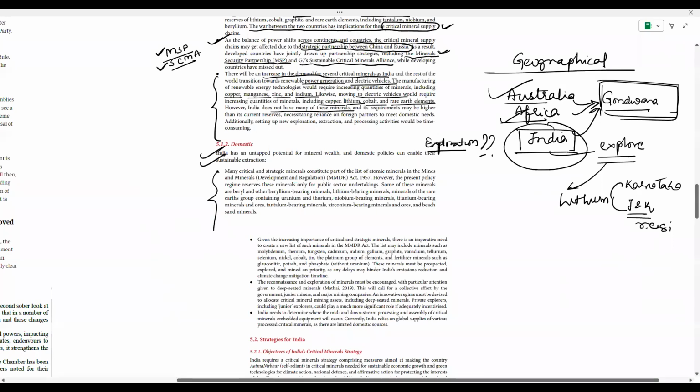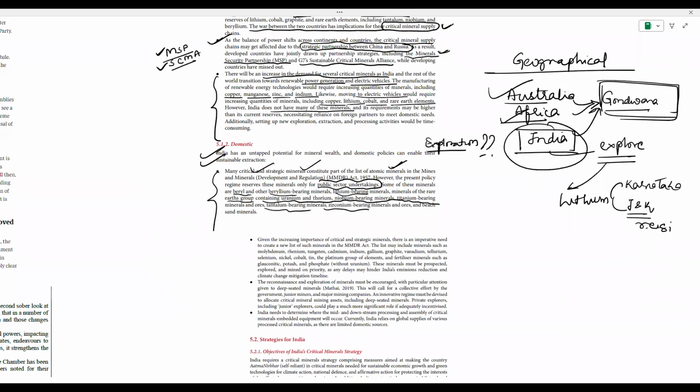So India should do exploration. Many critical and strategic minerals continue to be part of atomic minerals in the Mines and Minerals Act. However, the present policy regime reserves these minerals only for public sector undertakings. Some of these minerals like beryllium, lithium are rare earth groups and contain uranium and thorium, niobium, titanium, tantalum, zirconium, and ores and beach minerals.